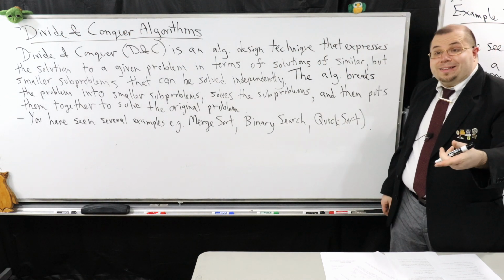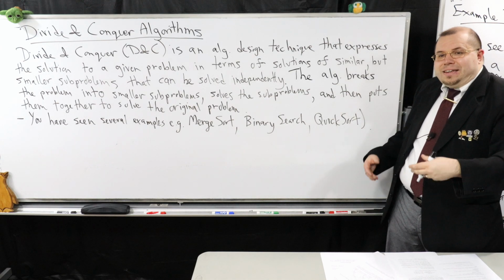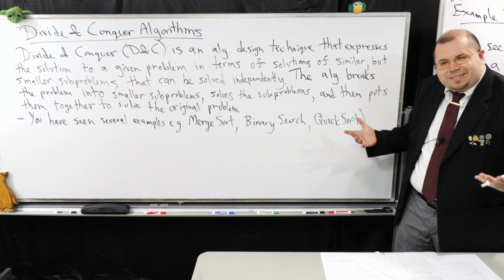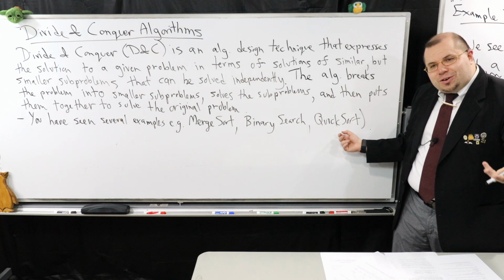So I take my problem and subdivide it by discarding half of the elements each time, and I keep doing this until either I find it or I don't. This is just another, much simpler version of this idea. And quicksort, I'm sure we talked about this before.